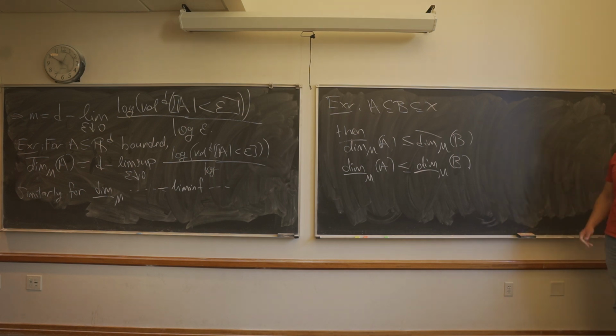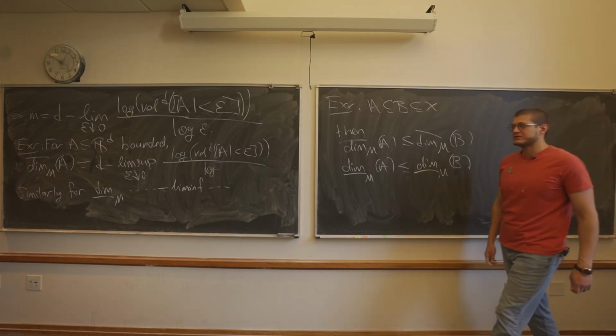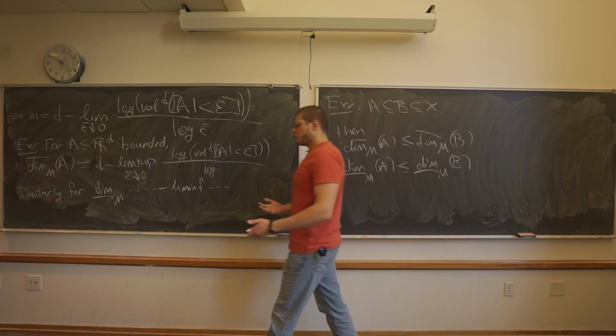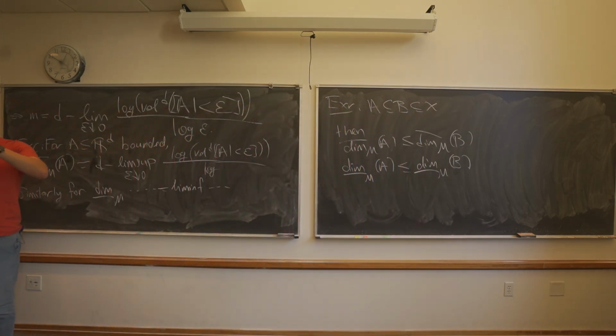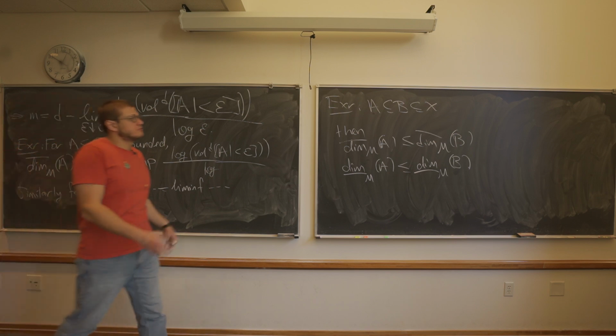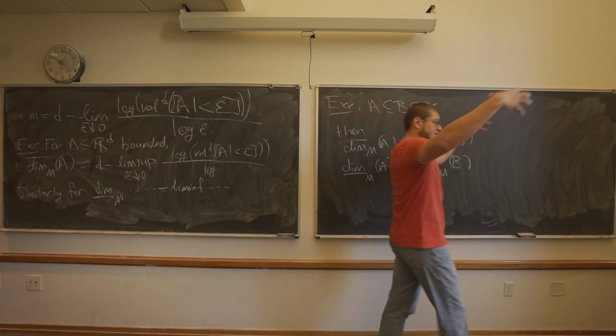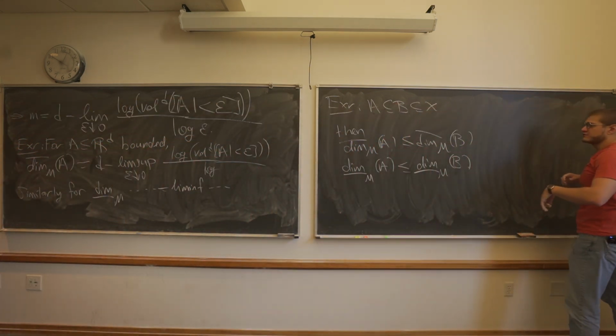Based on this, if I'm trying to compute the Minkowski dimension of R^d itself, I'm going to take a nested sequence of balls or sets that have finite Minkowski dimension, and I'm going to take that limit in a sense.